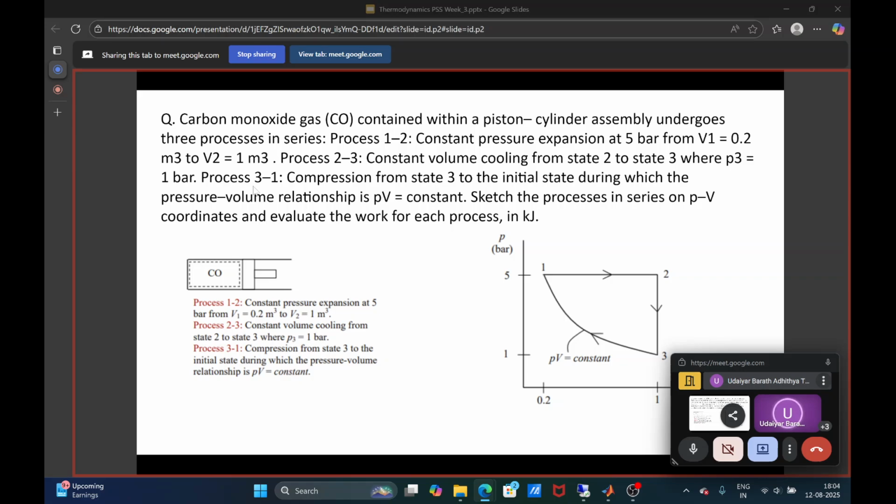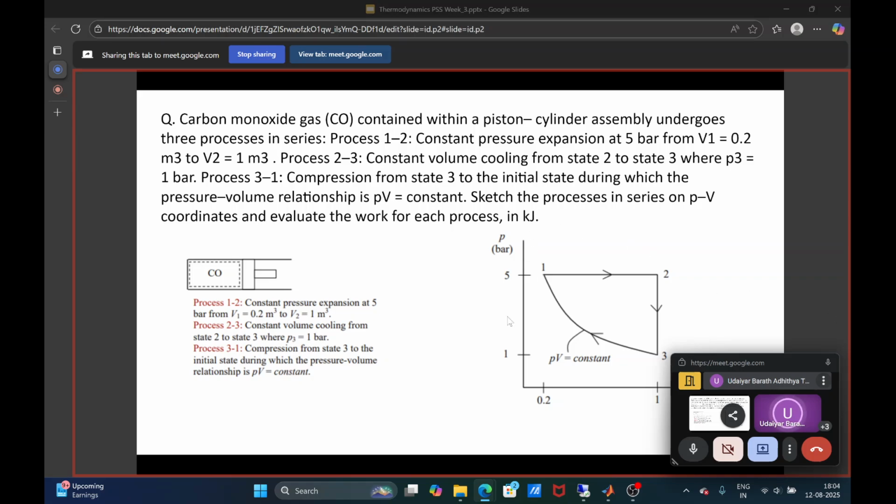Then process 3 to 1 is compression from state 3 to the initial state 1, following the PV equals constant line, so that is also an isothermal process. Sketch the process in series on PV coordinates and evaluate the work for each process in kilojoules.